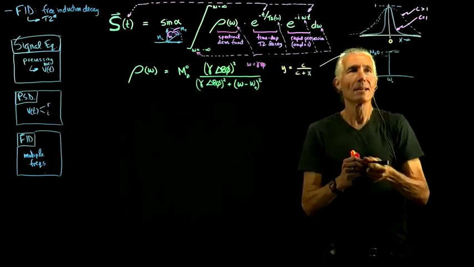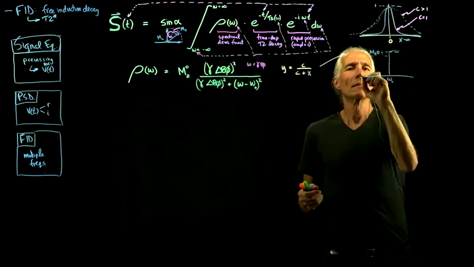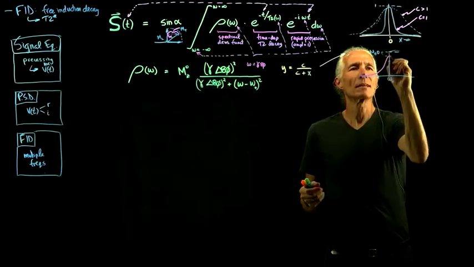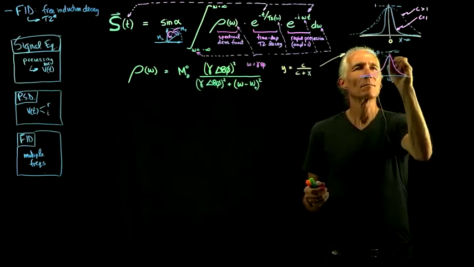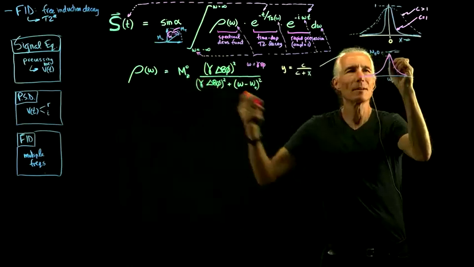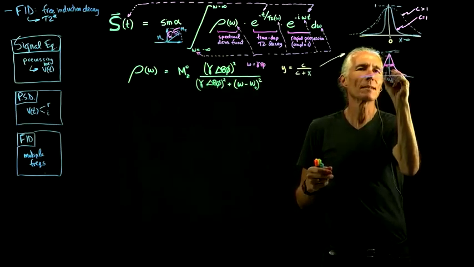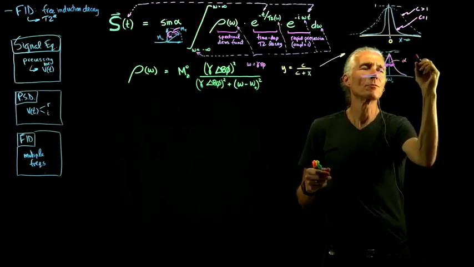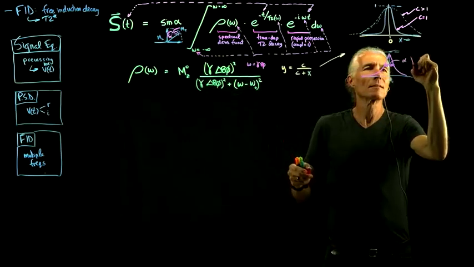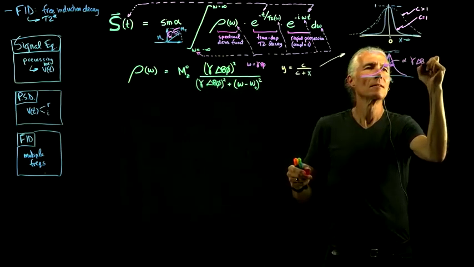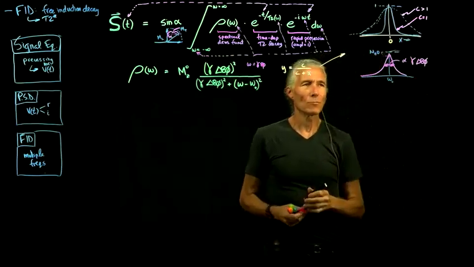And then this curve that you get will go up to MZ0 because we're multiplying by MZ0. And the width of that is going to be proportional to this range of frequencies.